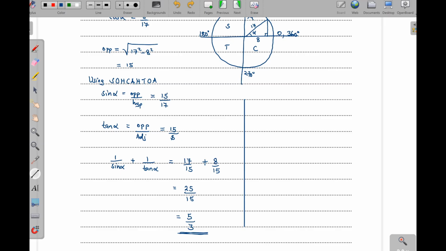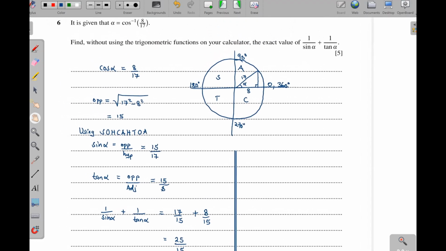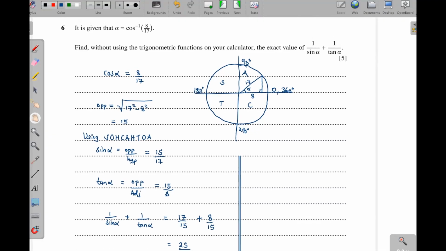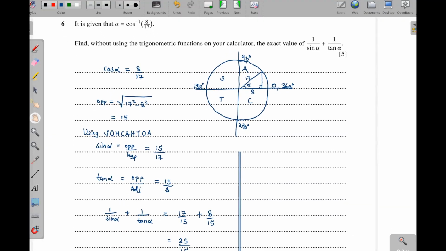Then alternatively, because they never specified whether angle alpha was acute or reflex, and we know that cosine is positive in the fourth quadrant. Okay, so if cosine is positive in the fourth quadrant, now this is my alternative approach.